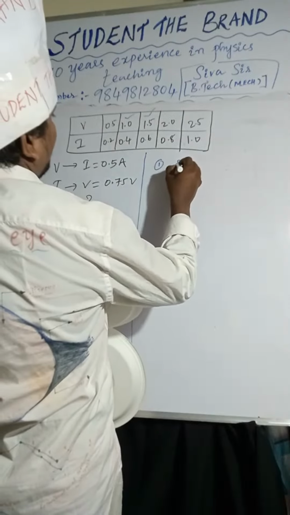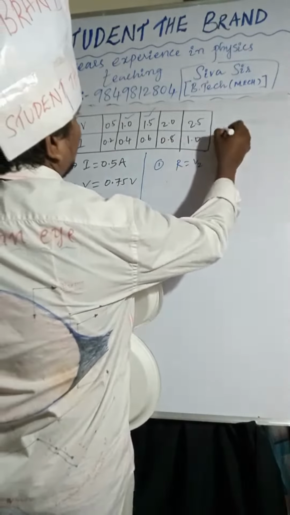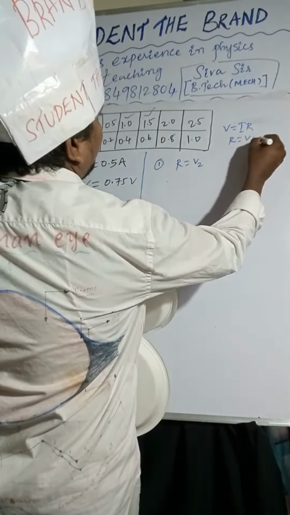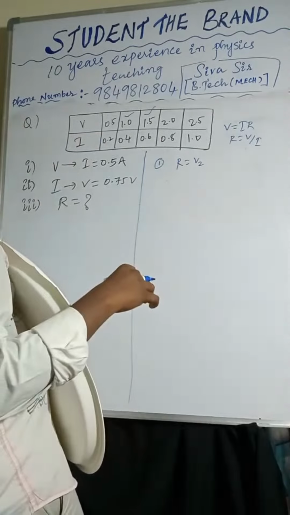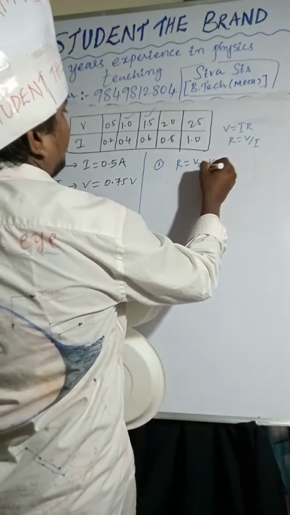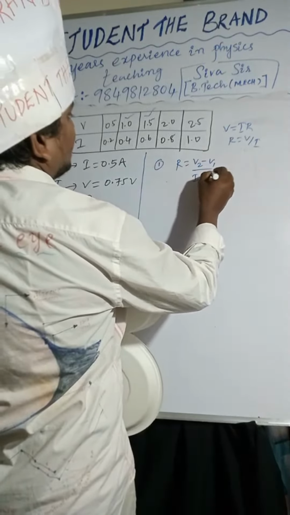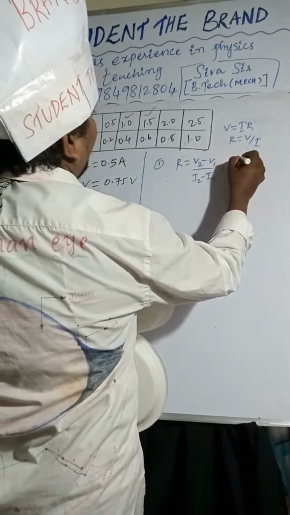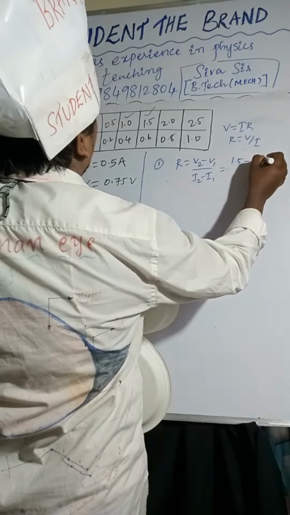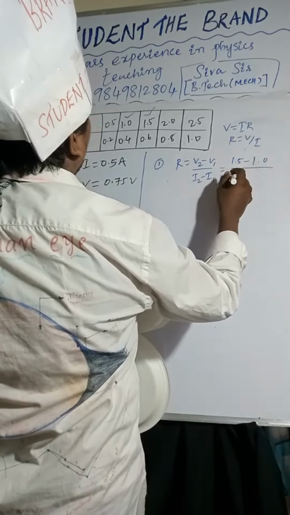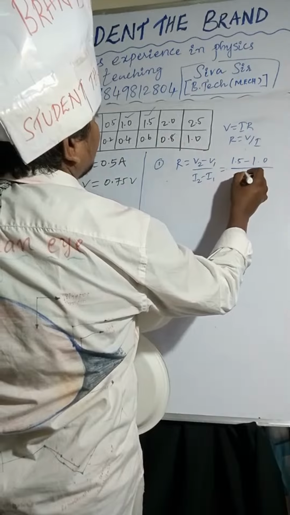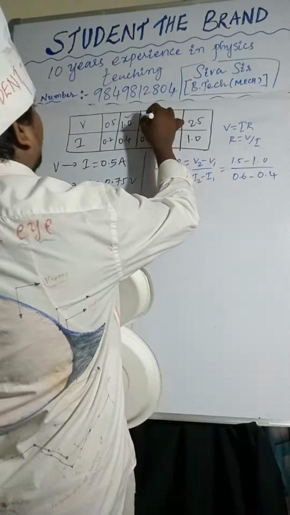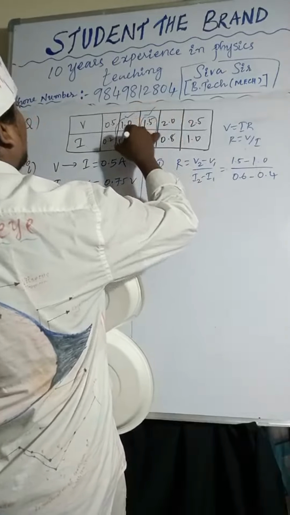V equals IR, so R equals V by I. R equals V2 minus V1 by I2 minus I1. V2 is 1.5, V1 is 1.0, I2 is 0.6, I1 is 0.4.